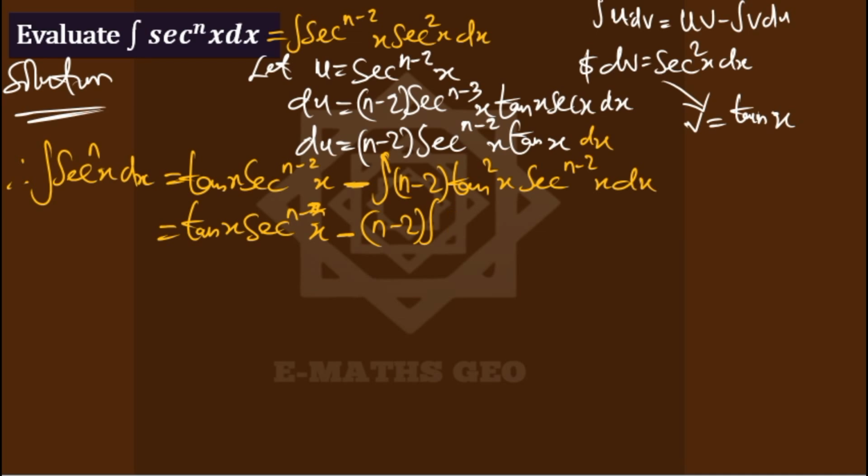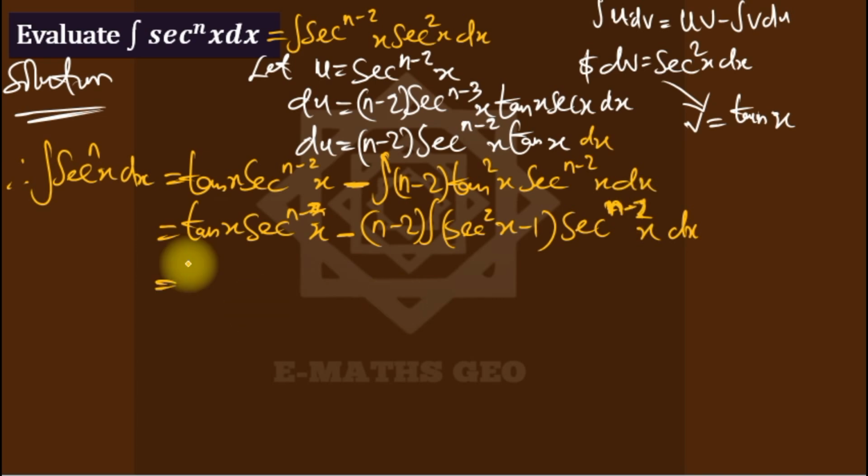So tan squared is now sec squared x minus 1, so we can write tan squared as sec squared x minus 1 times sec x raised to the power n minus 2 dx.